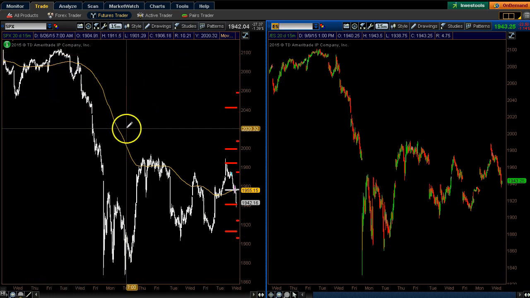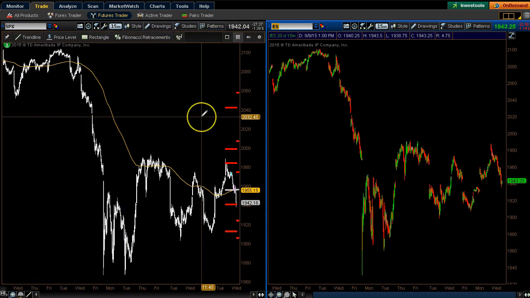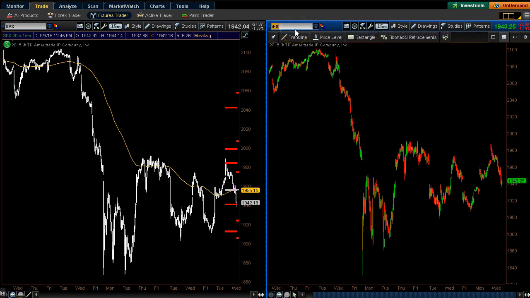SPX is also a cash index, a rolling index, which means it's always going to be what the overall true market is, while the E-mini contracts expire every 3 months. Now, they might be trading for the next year and a half or so, but every 3 months they expire for that contract specification.